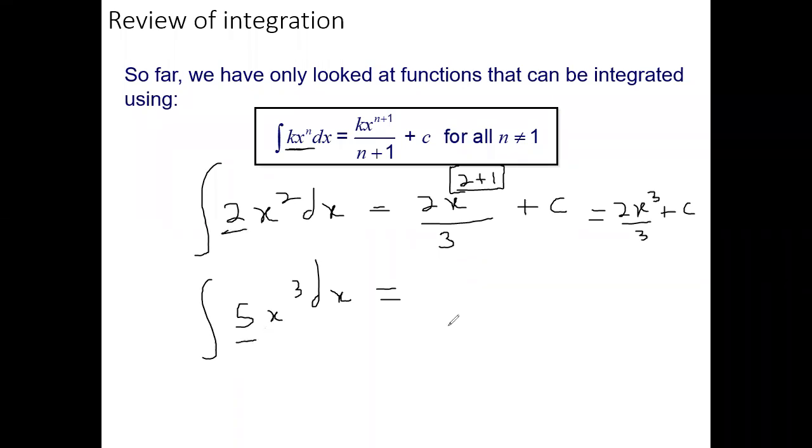Before we integrate, we can bring the constant out and then integrate the x cubed with respect to x. So this will be 5 times x raised to the power 4. You add 1 to the power and divide by the resulting power. Then introduce your constant of integration. So you get the same answer, right?